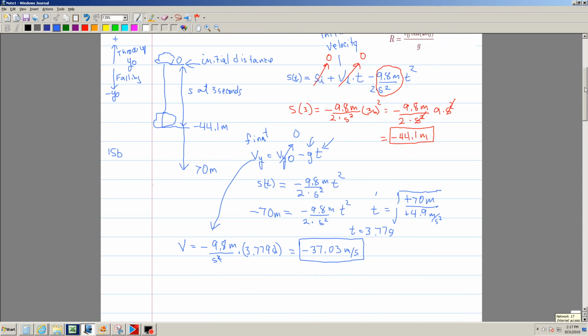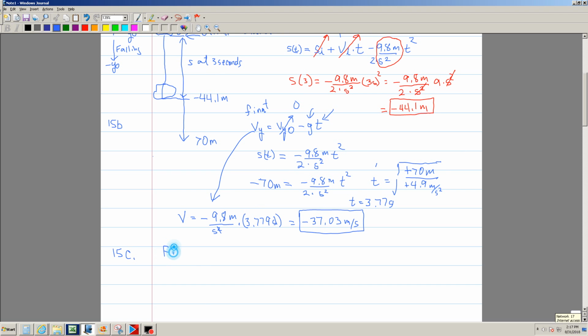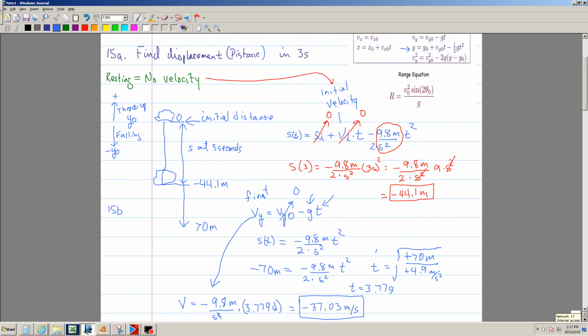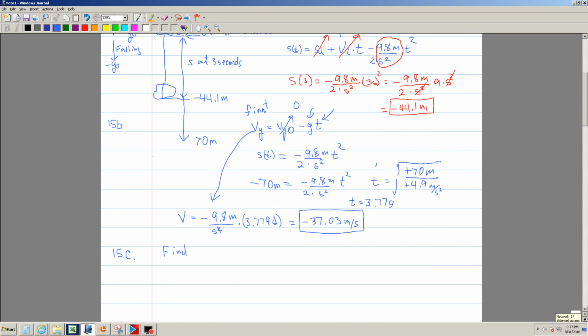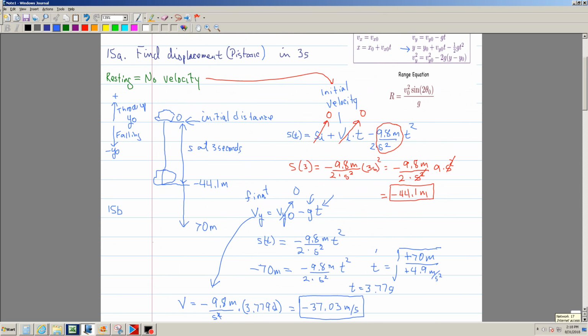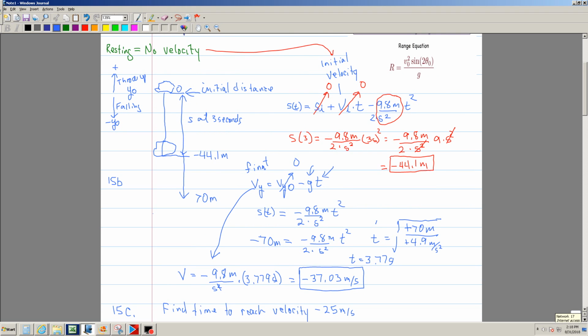That would be 15C: find the time to reach velocity negative 25. Okay, so now what equation can we use?